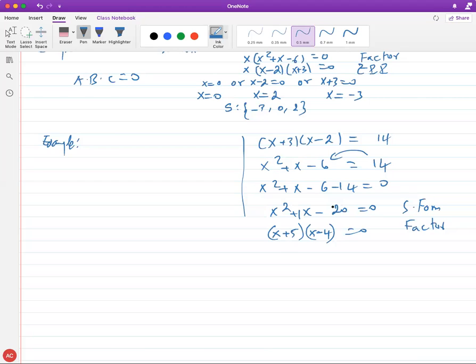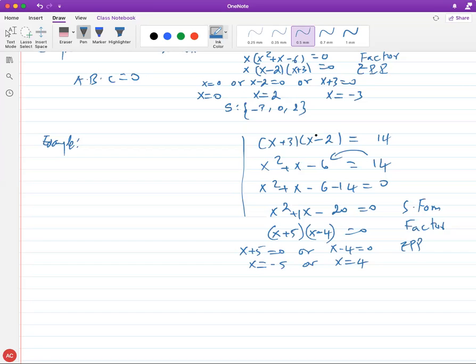If you multiply them, we get negative 20. If you combine them, 5 minus 4 would be 1. Now we can use the zero product property. So either this one is 0 or that one is 0. x is negative 5 or x is 4.